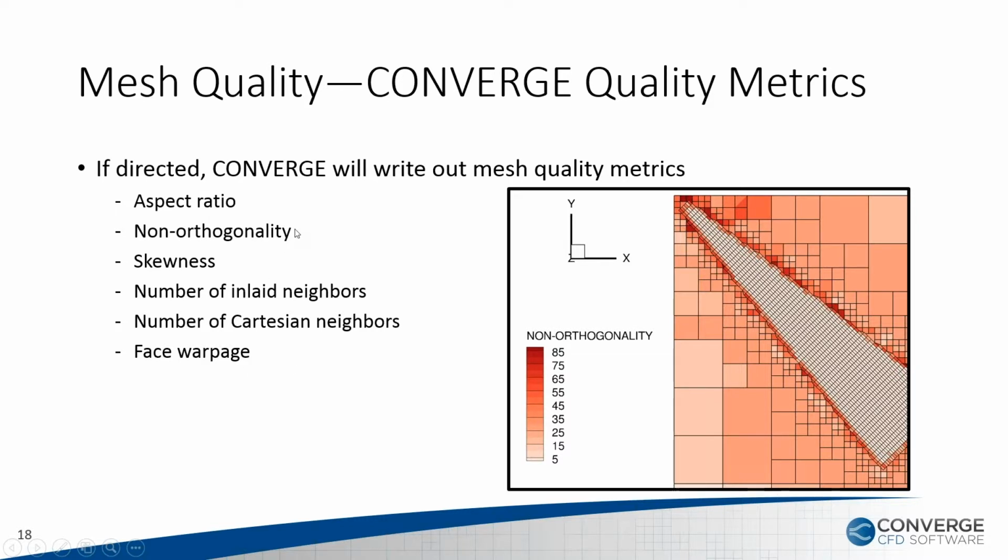All of these can help you determine what the potential problem areas in your mesh are, and you could make changes accordingly, such as adding or removing embedding or changing the inlaid mesh.